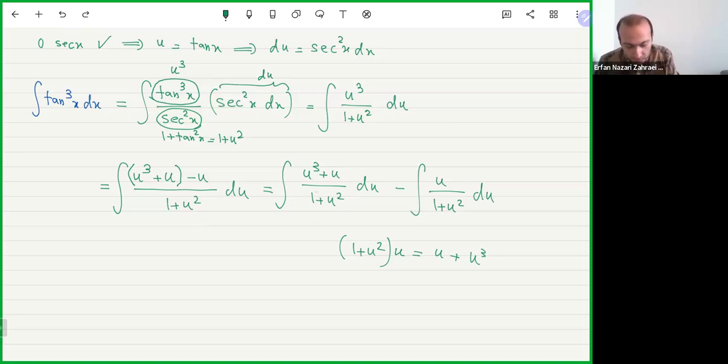This one is very simple because this is just u times the denominator. This is u times 1 plus u squared. So the ratio of them is just u. So the first integral is just u du. That's the idea behind all this, why I started like that.